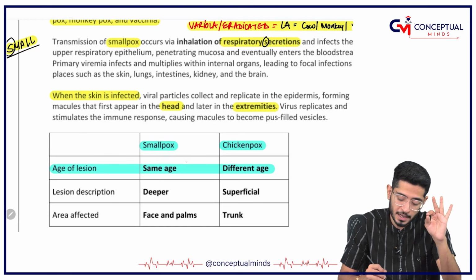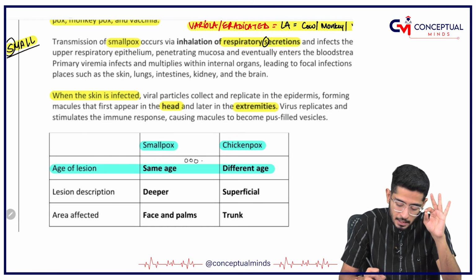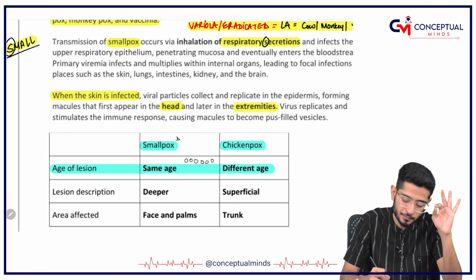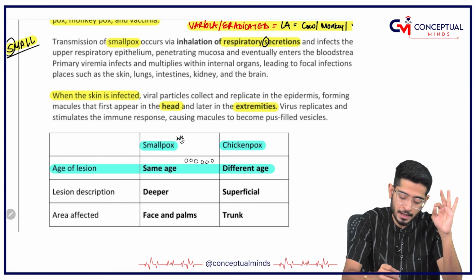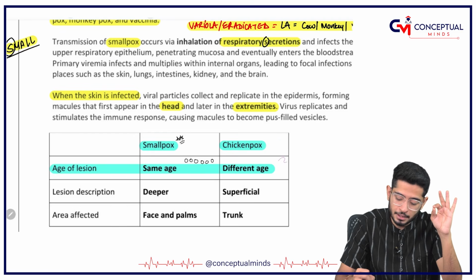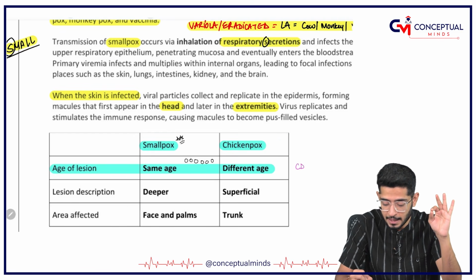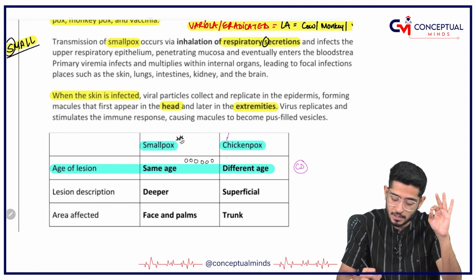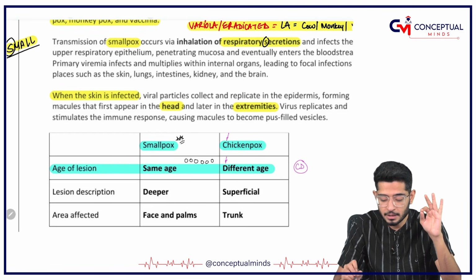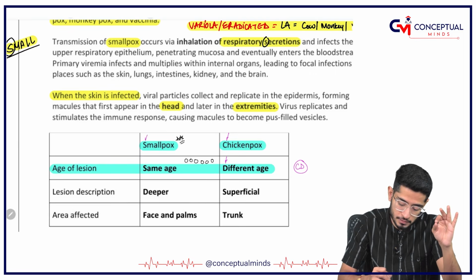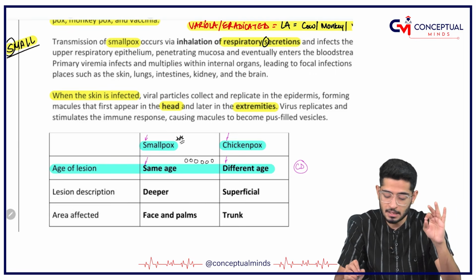That means all the lesions come at one point of time if it is smallpox, whereas they come at different points of time if it is chickenpox. How to remember? Remember, C and D come very close to each other. C for chickenpox, D for different ages, S for smallpox, S for same ages.